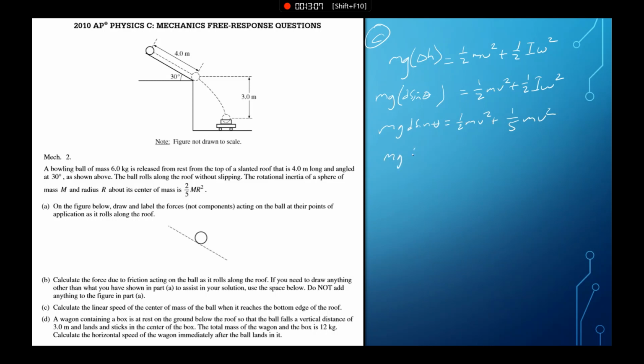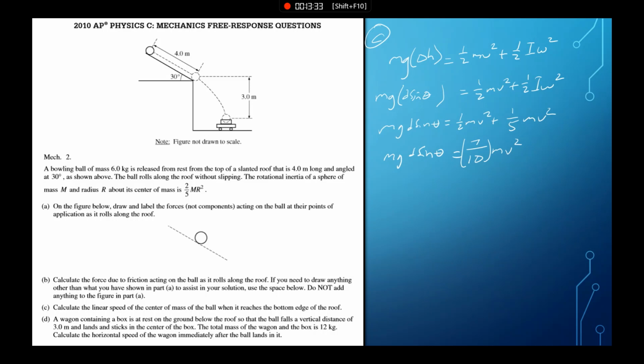Therefore, mg times the distance of the ramp sine theta should be equal to, if I get a common denominator of 10, that'll be 5/10 plus 2/10. So it's 7 over 10 mv squared.